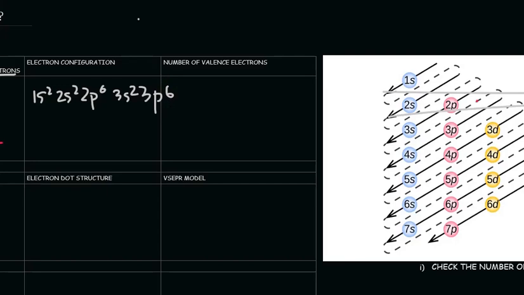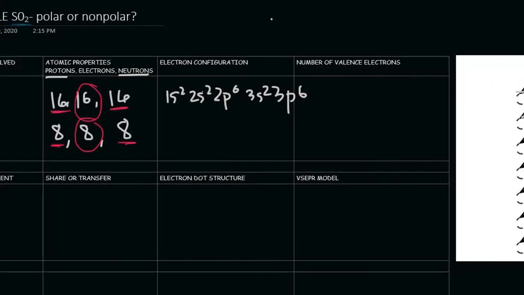Let's check our electrons. We have 2, 4, 10, 12, 18, so sobra. And so we have 2, 4, 10, 12. Then we have 16.